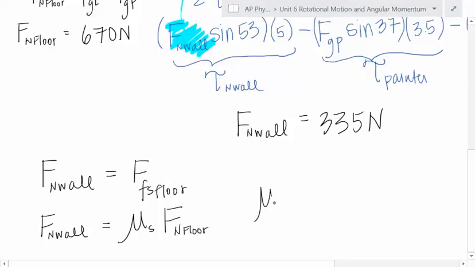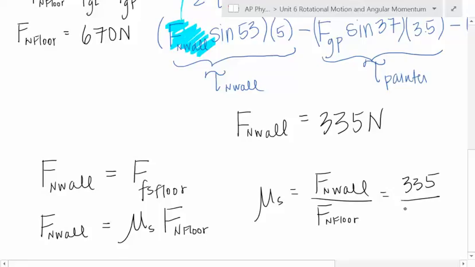All right, so mu static would be the force normal from the wall, which we just calculated, over the force normal from the floor, which we could also calculate. So 335 divided by 670, and that should give you about 0.5 as the coefficient of static friction.